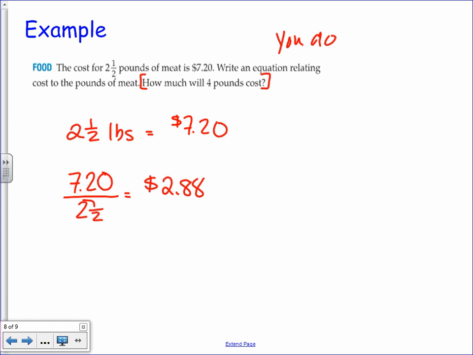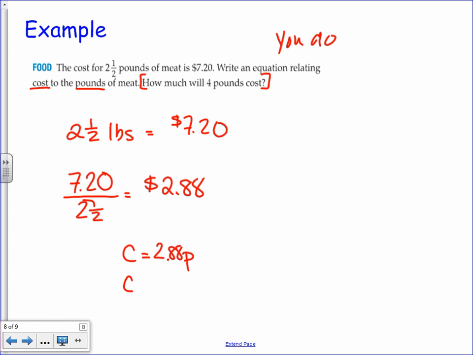So all I did was I divided $7.20 by 2.5 to get 2.88. And so my constant of proportionality is going to compare the cost to the pounds. Okay, so the cost to the pounds. And my constant of proportionality is 2.88.